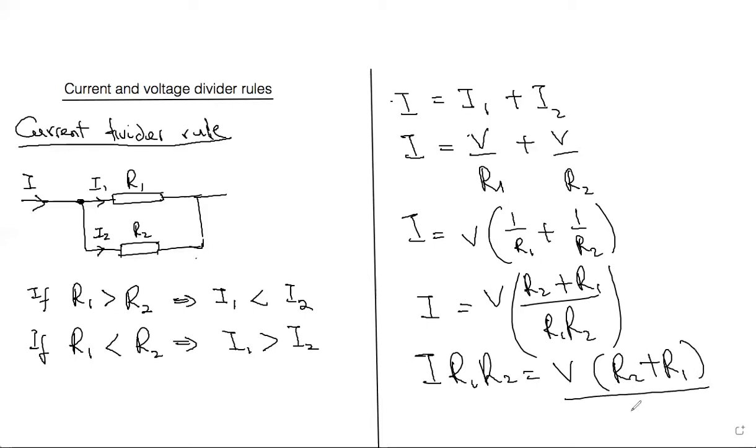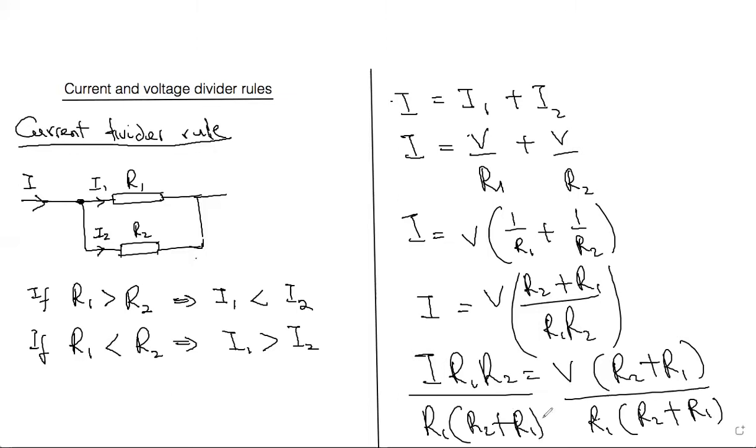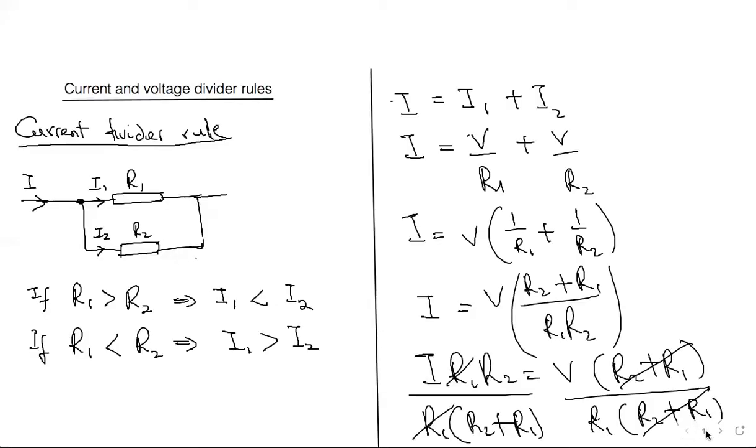If I divide both sides by R1 R2 plus R1, R1 plus R2, doesn't matter, this will cancel that, and this will cancel R1. So I will have I times R2 divided by R1 plus R2 equals V over R1.